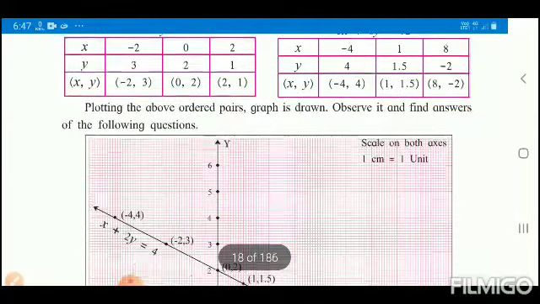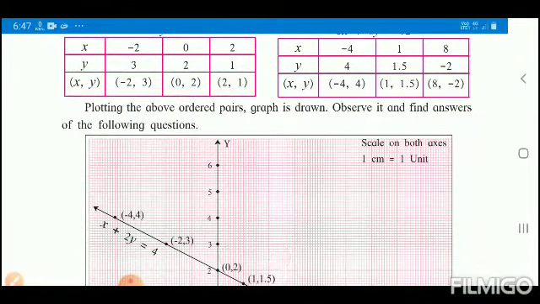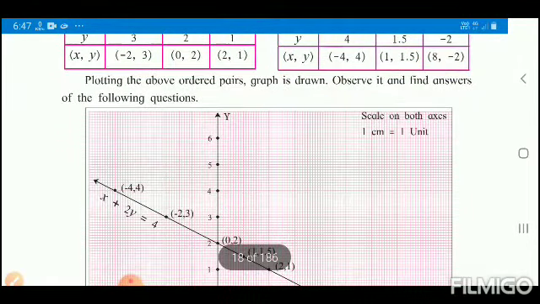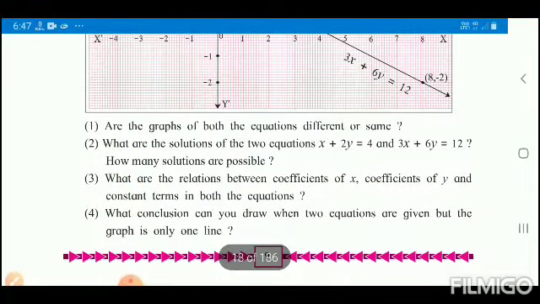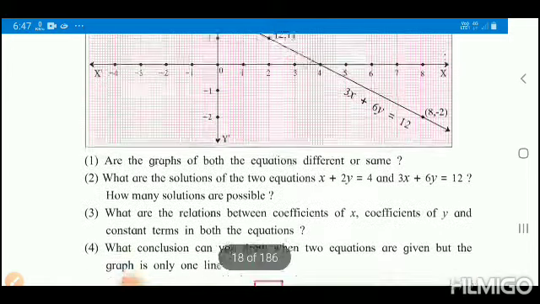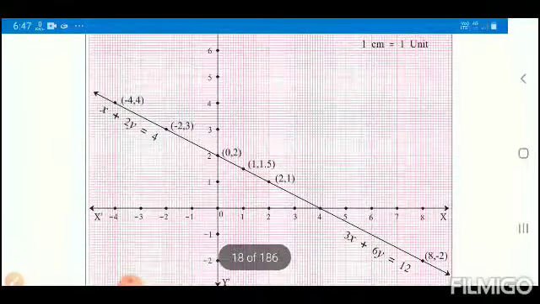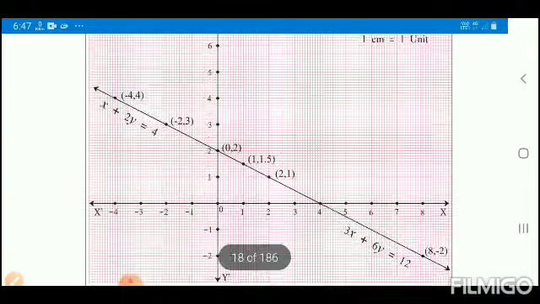Plotting the above ordered pairs, the graph is drawn. Observe it and find answers to the following questions. Okay, we will see. Are the graphs of both the equations different or same? You will see that the graphs of both the equations are same.